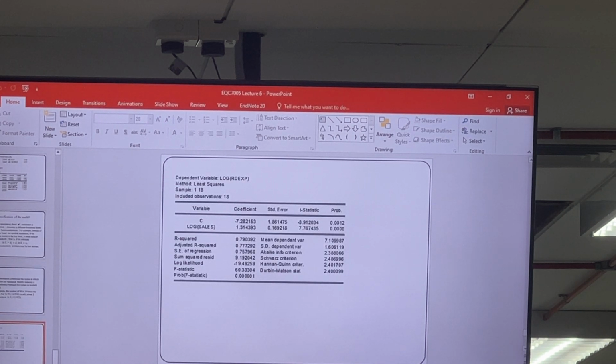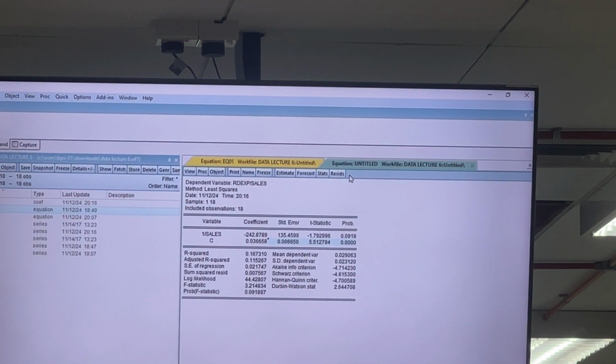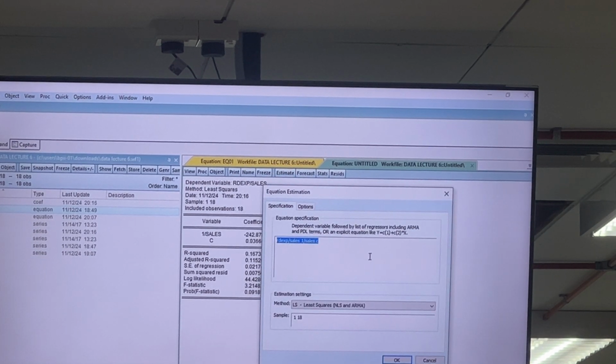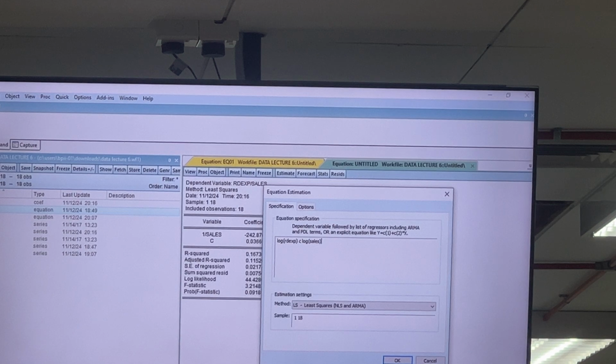So for this given example, another possible solution is by using a different functional form. Instead of using the original R&D and sales variables, we use a double log model, for example. So log of sales, log of R&D expenditure. If you have more than one x, you can apply log transformation on all x.